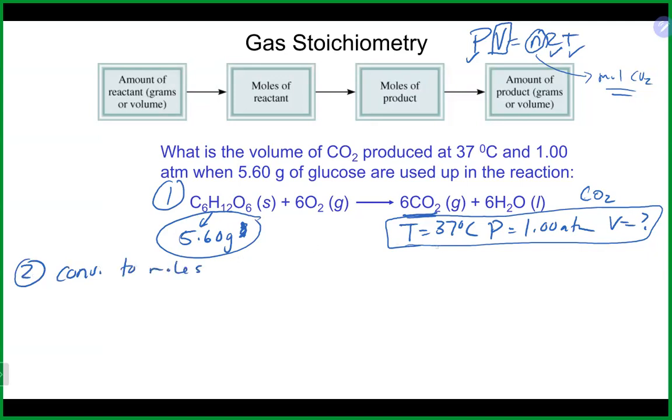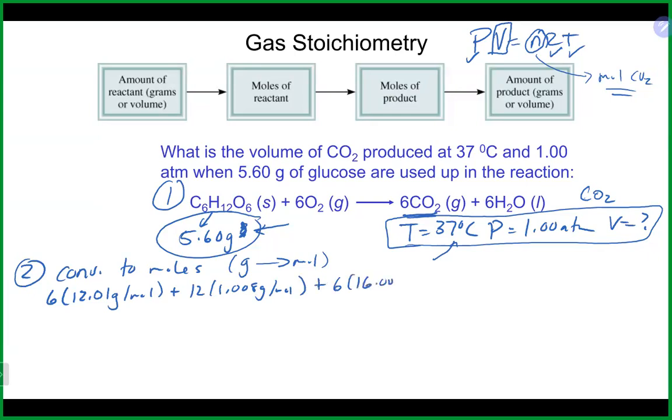So once again, everything in the box here is for the gas law at the end of the calculation. That means that this is the only piece that we have to work with at this point. In order to go from grams to moles, we do need the molar mass of our glucose. So that's going to be 6 times our 12.01, plus our 12 times our 1.008 for our hydrogens, plus 6 times our 16 for our oxygens here.